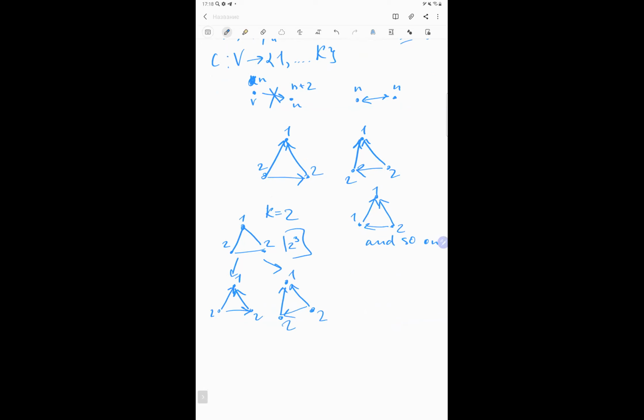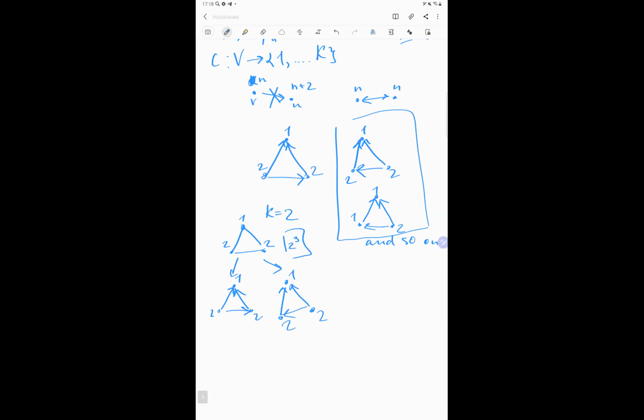Yeah. And why did you draw the last triangle, the 1, 1, 2? This one? I was showing that just another coloring for the same orientation. Thank you. So let's check that the result will be exactly like that.